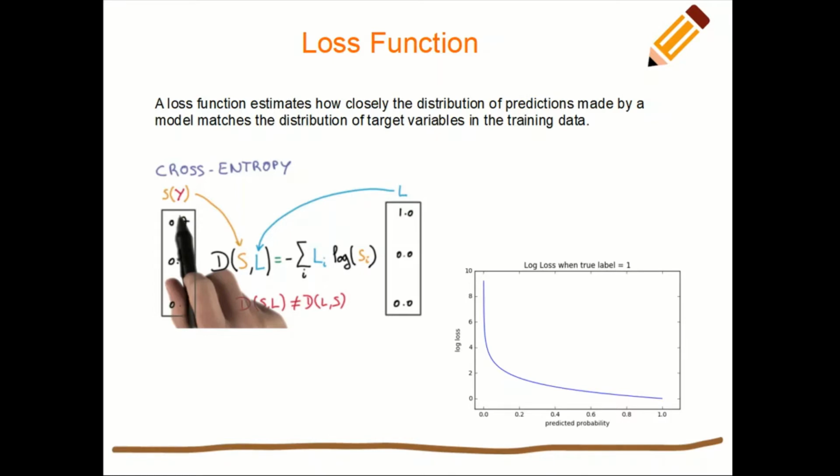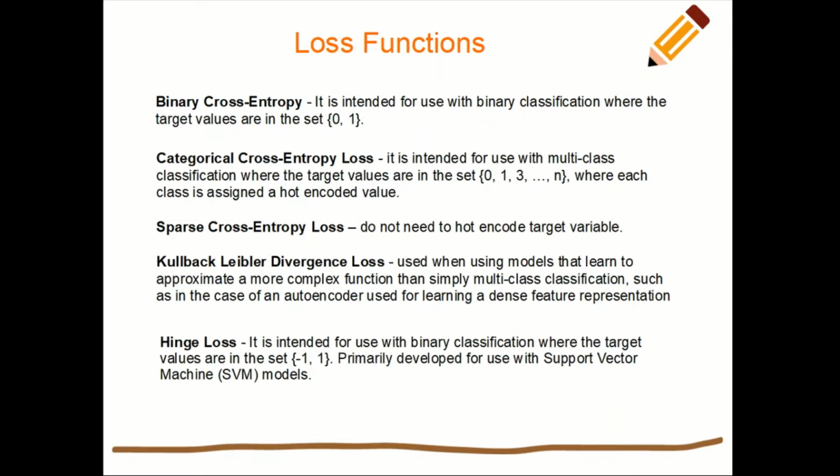Okay, now let's take a look at the different loss functions used for binary classification. One of them is binary cross entropy. We use binary cross entropy when we have a binary classification problem, that means we have two classes and we are trying to predict one of those classes.